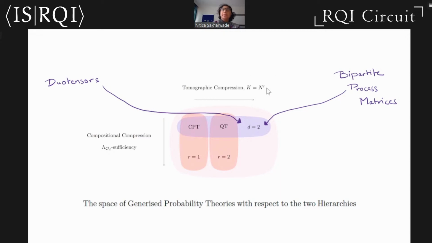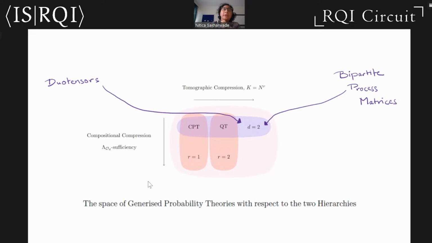And this is given by a parameter R, which you can plot on a graph, which distinguishes classical probability theory and quantum theory, right? What we do is we introduced another hierarchy, which we call lambda OD sufficiency, and we will show how both of these hierarchies work within the Causaloid framework.